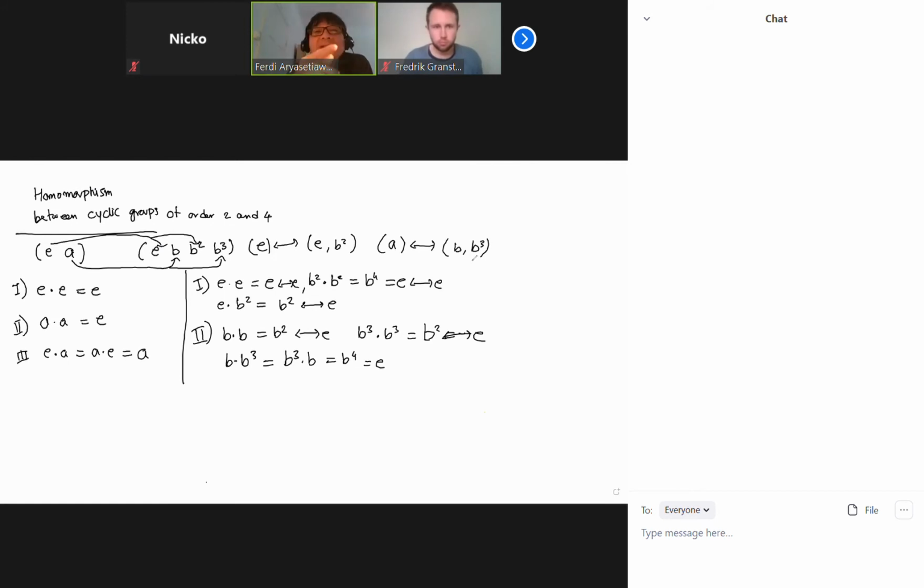You have a group E and A. The second type, it's essentially we take both the elements which are associated to A. So if we talk about type 2, then we have these two elements. We could have B and B, we could have B3 and B3, or we could have B and B3. So these are the three possibilities, right?